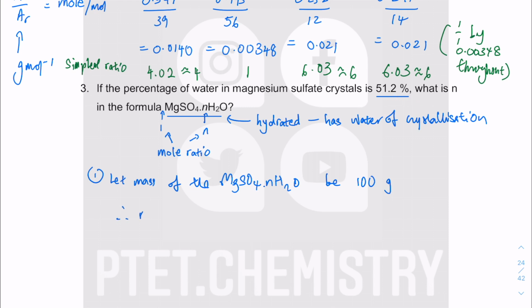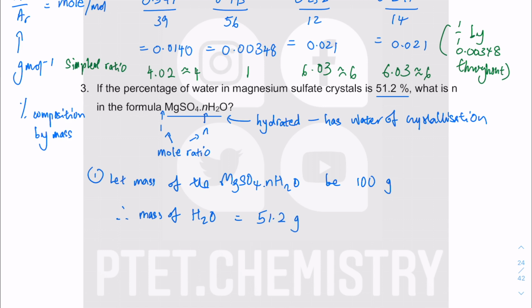So therefore, for the mass of the H2O, the water of crystallization, the percentage of water is 51.2%. So out of 100%, it is 51.2%. Out of 100 gram, then it will be percentage by mass. The percentage composition by mass of the water is going to be 51.2 gram out of 100 gram.